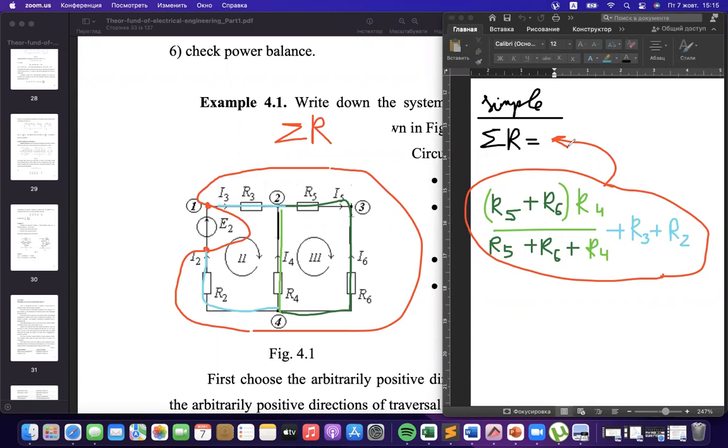Sorry, some technical moments. Okay, we are substituting resistivities here. The total resistivity for our circuit.